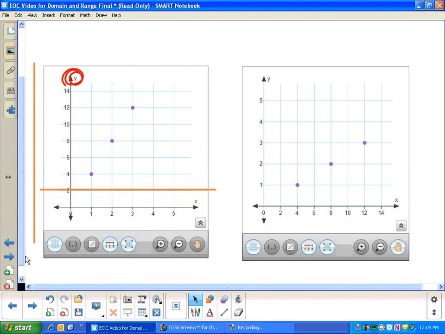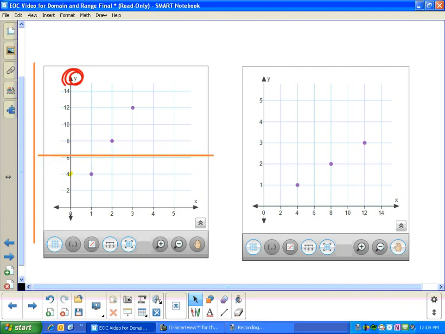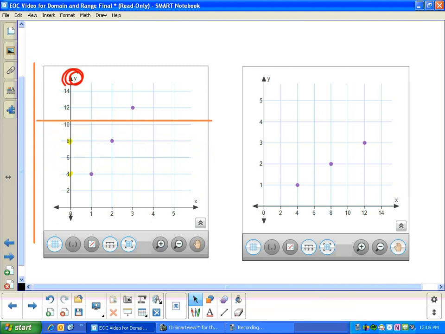As this rangefinder hits my graph, I want you to mark that on the y-axis. See right there? I'm going to actually use my highlighter to do that. Hit it at 4. Keep on going. You can see that it hits my graph when y is 8. And it hits my graph right here when y is 12.